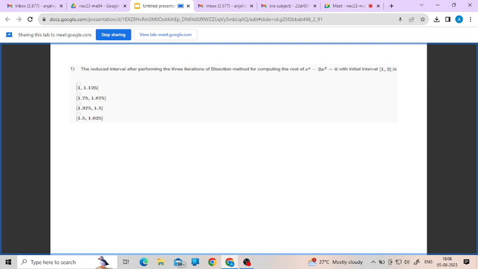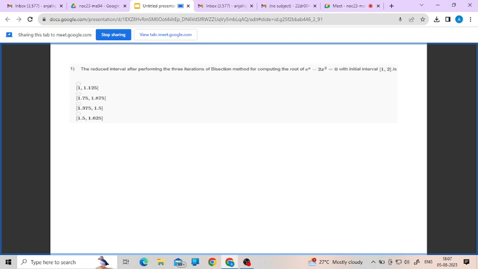Okay. Others, please proceed using bisection method and see in three iterations what interval you are getting.